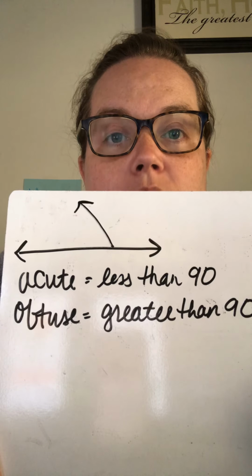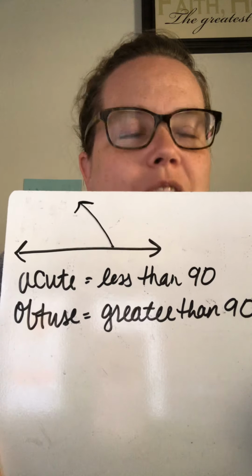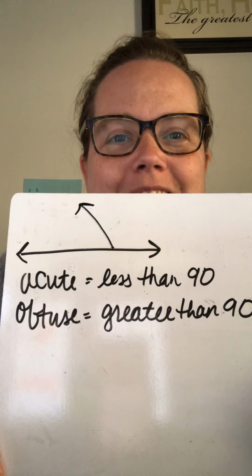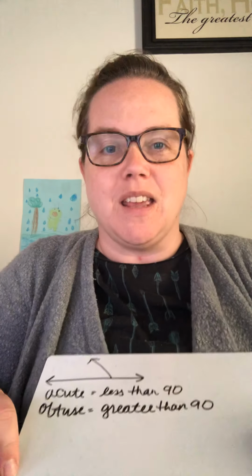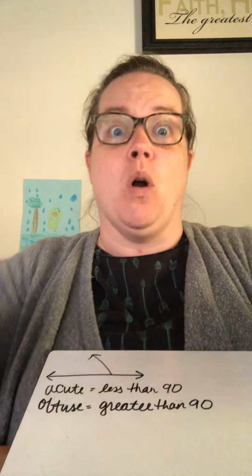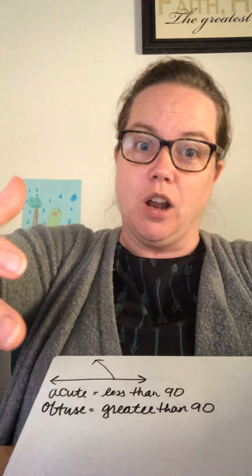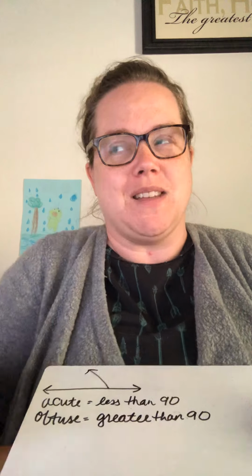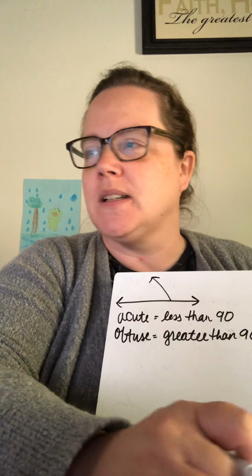Okay? So obtuse is greater than 90 and acute is less than 90. And I think of it as like an acute little angle. It's so tiny, it's less than 90. Or obtuse and it's greater than 90. Silly, I know, but it works.